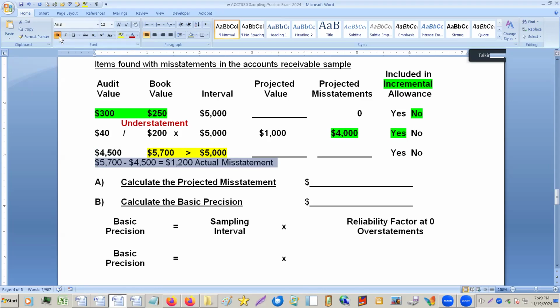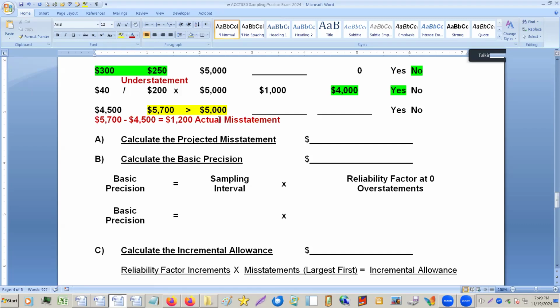And by the way, this is an actual overstatement in case you're keeping track. So this actual overstatement, this is not an estimate. This is the actual amount.